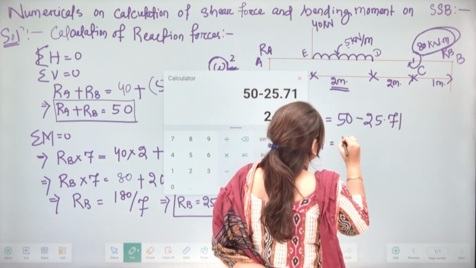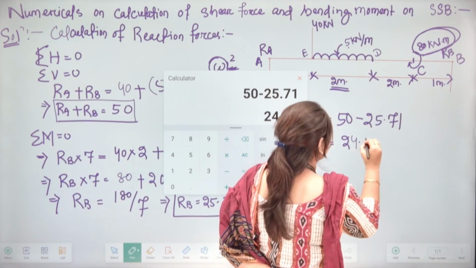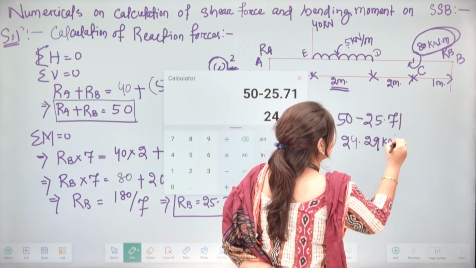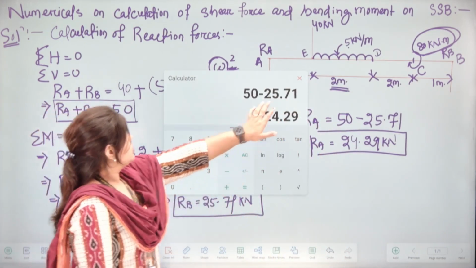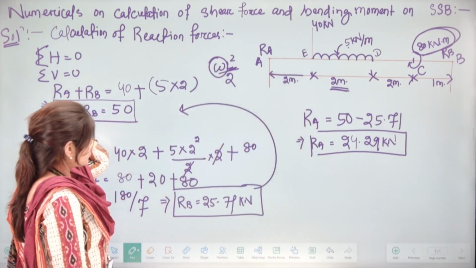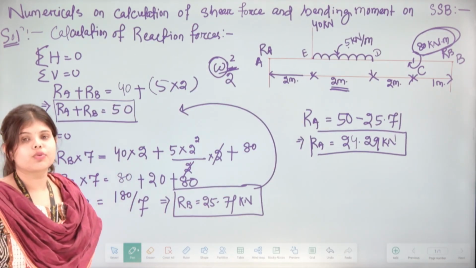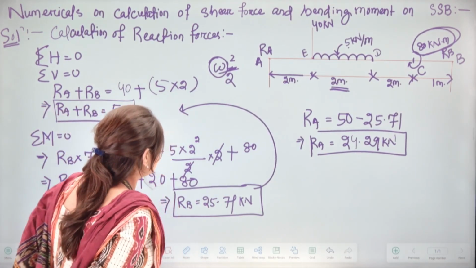Here Ra is 24.29 kilonewton. So we have the reaction forces, that is Ra and Rb.